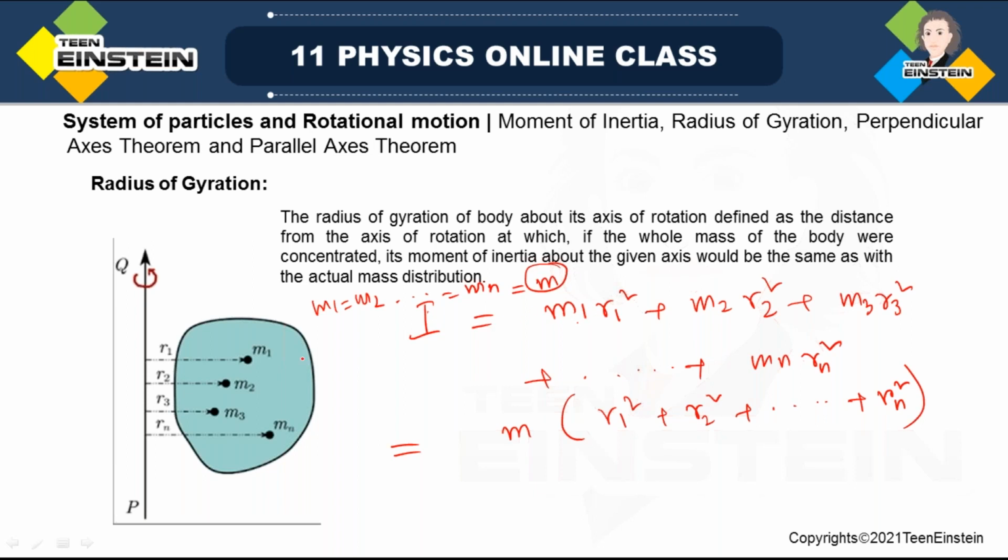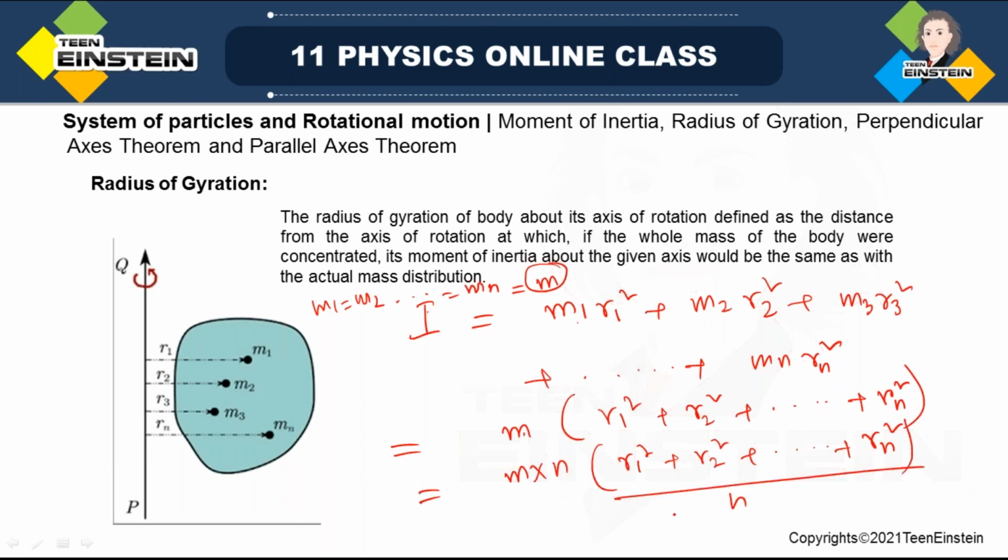What I have supposed is that all the point masses have the same mass m. So I can write m into n, times r1 square plus r2 square up to rn square, divided by n.